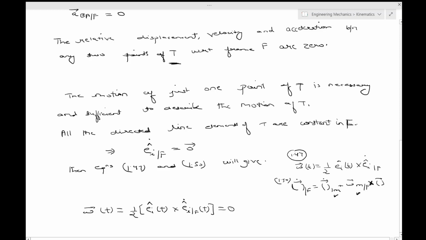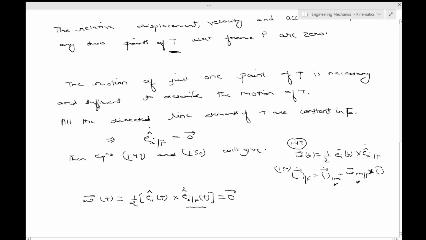This will become 0, just because this particular quantity is 0, and this implies that omega dot will also be 0.